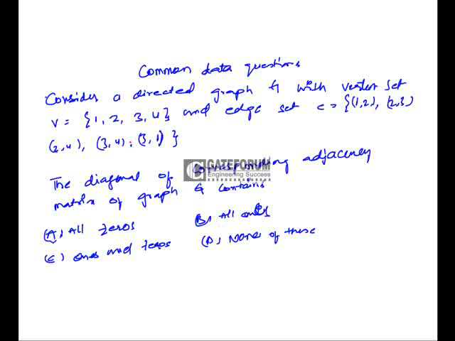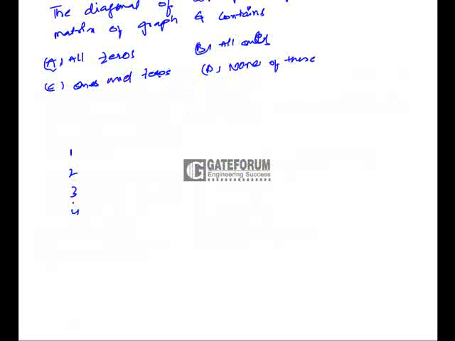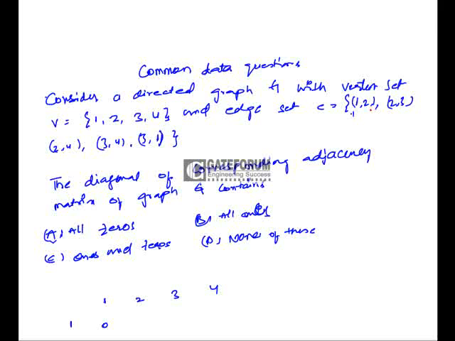Here the number of vertices is 4. If we construct the adjacency matrix, we have vertices 1, 2, 3 and 4 along both the rows and columns. Here edge 1 to 1 is not there, so this will be 0. 1 to 2 is an edge, so this would be 1.